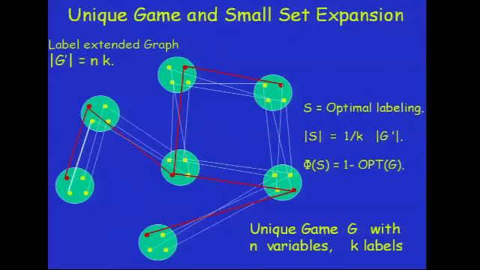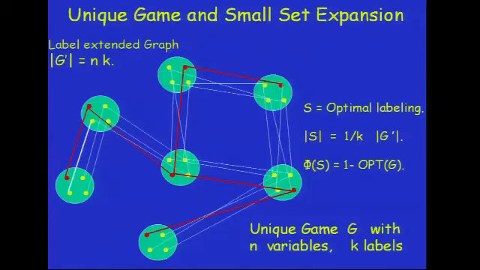The size of this set is 1 over k times the size of G prime, because from each block I selected 1 out of k vertices. And it's not difficult to see that the expansion of this set, meaning the fraction of edges incident on this set that actually leave this set, is very small, because all the red edges start at a red point and come back to a red point.